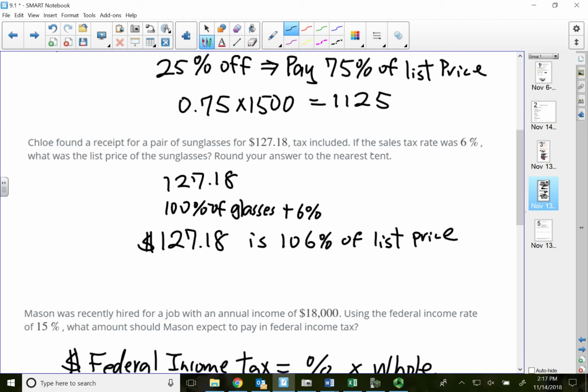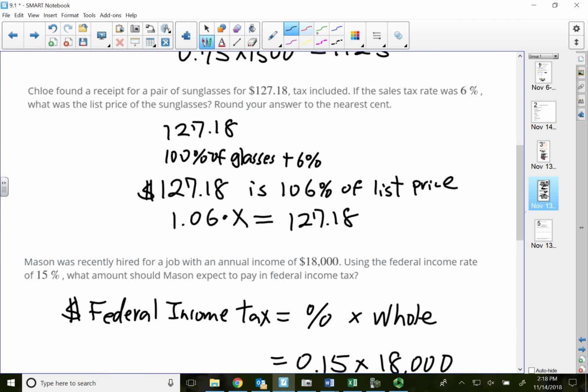Okay, so what was the list price? Let's say the list price is going to be X. 106% of the list price is 1.06 times X, which is my list price. Set it equal to $127.18, because $127.18 is 100% for the glasses plus another 6%. So for this problem, all I need to do is divide both sides by 1.06.